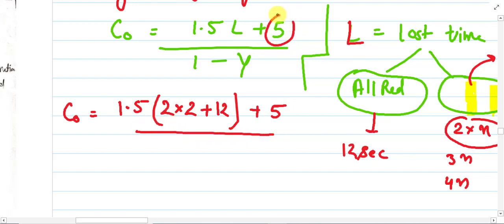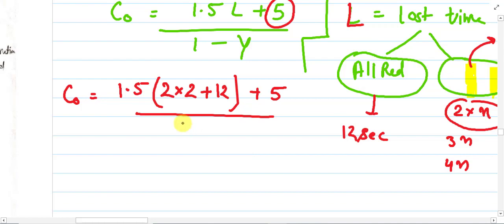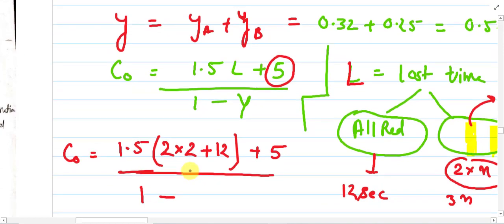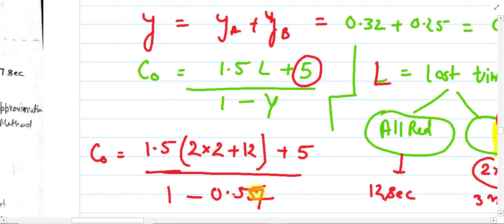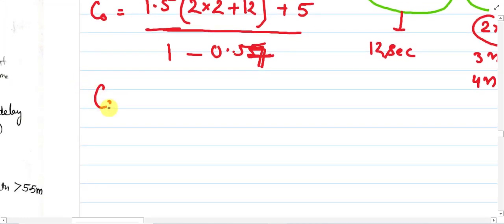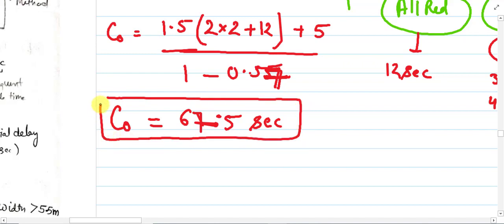This value is given by Webster, so you don't need to change this one. Minus 1 minus what is the value of Y? Value of Y is 0.55, sorry, 0.57. After solving this, you will get 67.5 seconds. So this is your optimum cycle length.